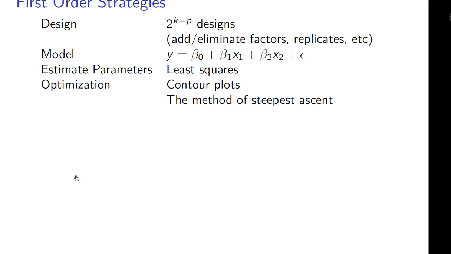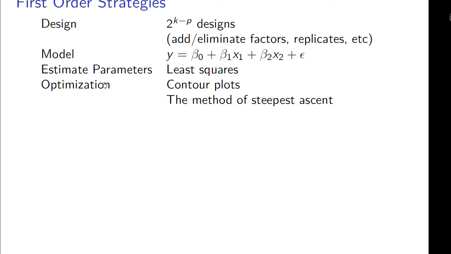But here's an example of what one might do or might have. Suppose your design is a fractional factorial design, 1 over p design for k factors, and you might add or eliminate factors, or you might add or eliminate replicates, you might add or eliminate experimental points if it's one of the variations you saw of central composite designs.